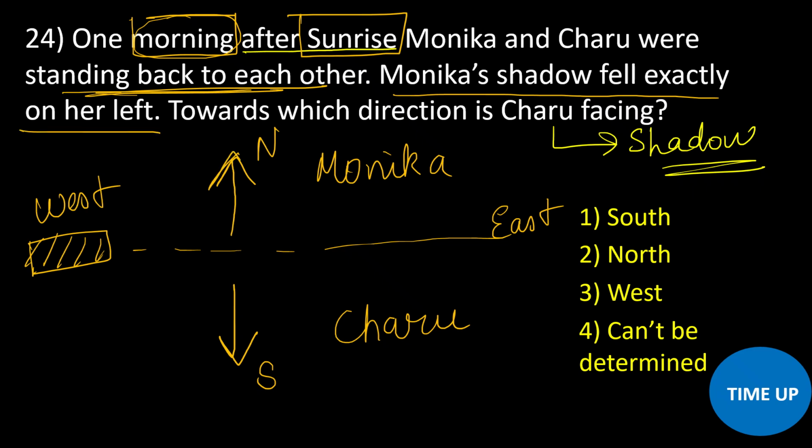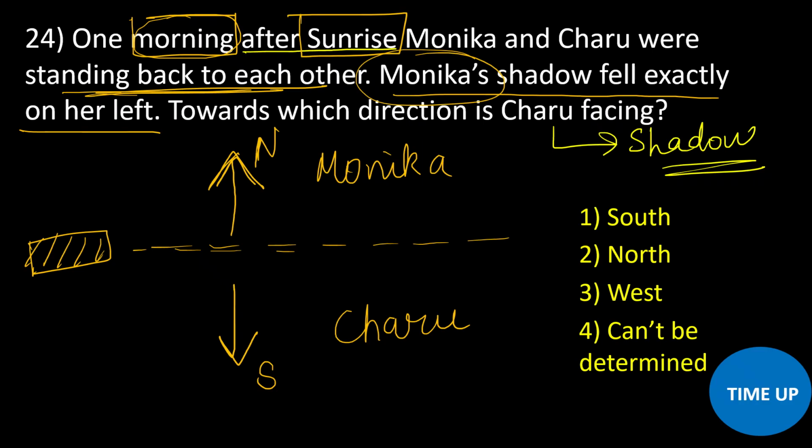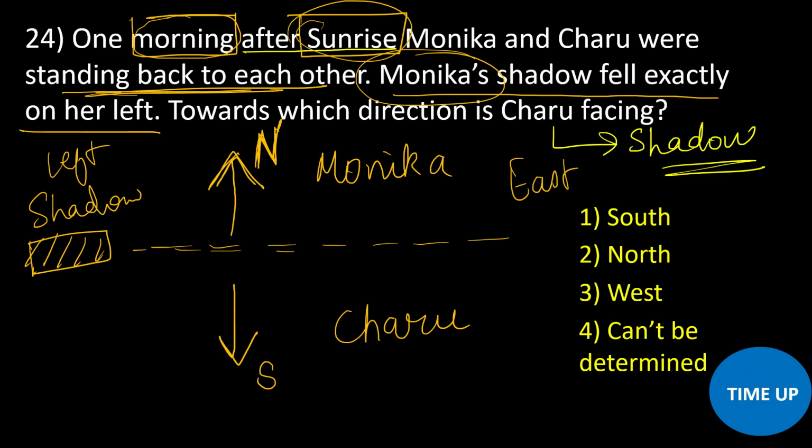So left means, see, this is your shadow, suppose. If this is north, left is what? This side is the left, right? So the shadow is on the left, they are saying. So this will be east then because the sun rises in the east. Left means this will be west.